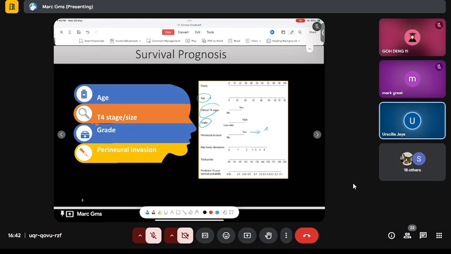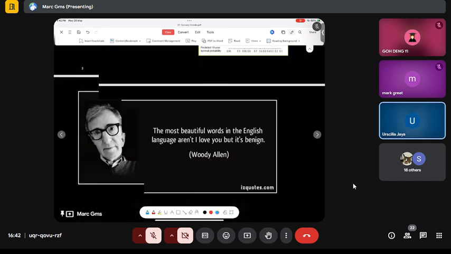So sometimes a patient can come with a very small parotid mass, but there is facial nerve palsy already. So think of adenoid cystic. Okay. Next.